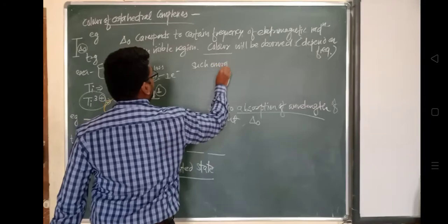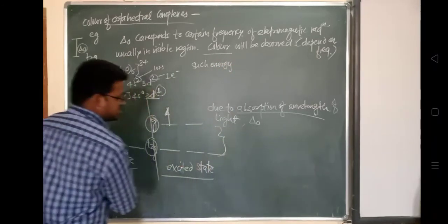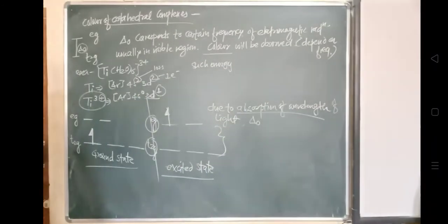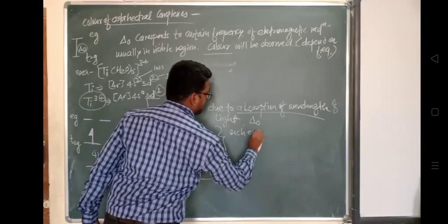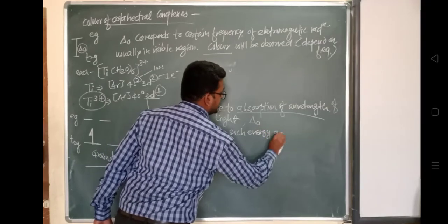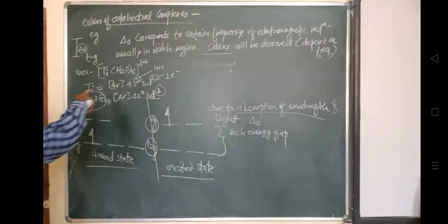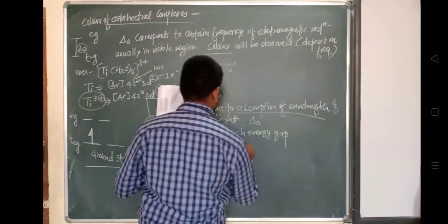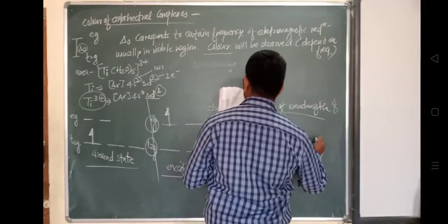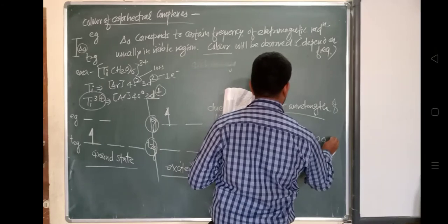Now look, the energy gap between the two, I will write it here only. Such an energy gap for this particular TiH2O6 complex is 20,300 centimeter inverse.